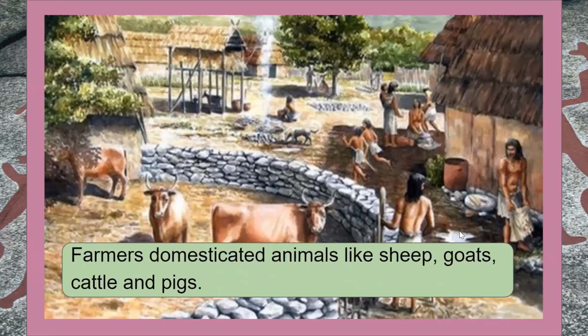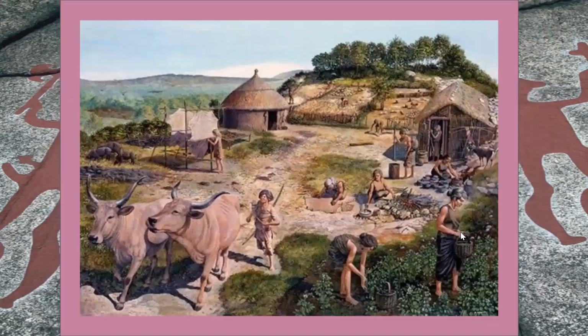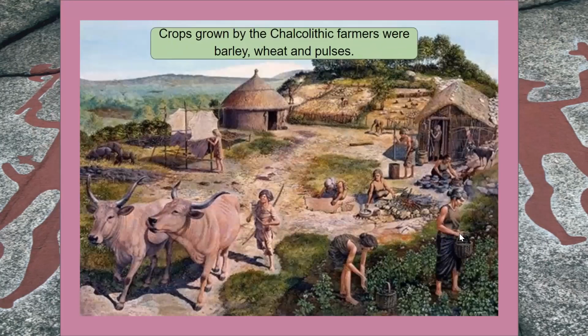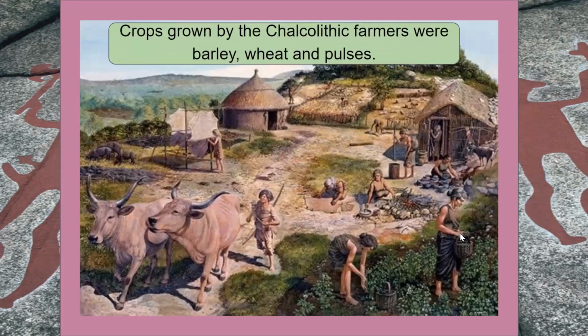Farmers domesticated animals like sheep, goats, cattle, and pigs, a diet supplemented by hunting and fishing. Milk and milk byproducts were important. Crops grown by the Chalcolithic farmers were barley, wheat, and pulses.